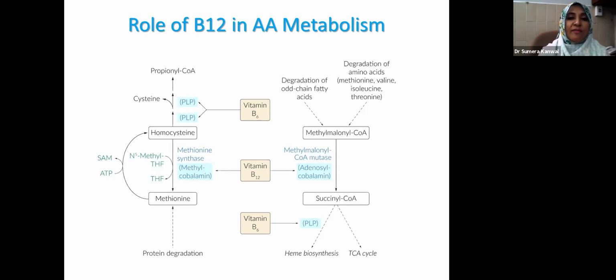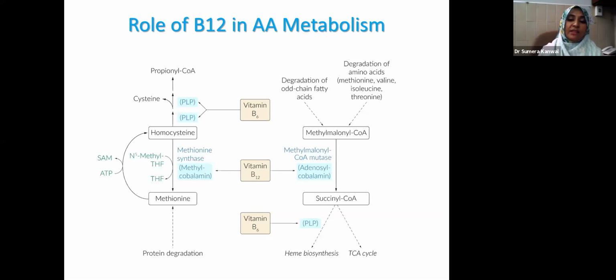So there is a transfer of methyl group between three molecules: adenosylmethionine, tetrahydrofolate, and B12. And finally, this methyl group reaches homocysteine to synthesize methionine. This homocysteine can give rise to cysteine and propionyl CoA upon catabolism.